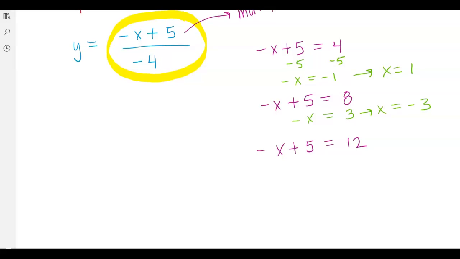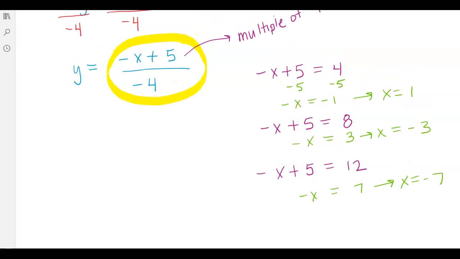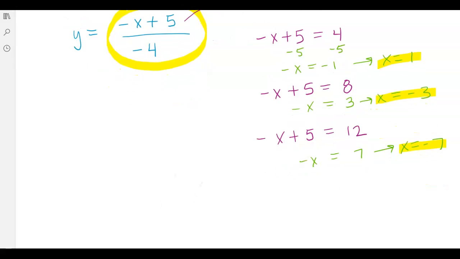And for this third example, we'll have -x is equal to 7. So x is equal to -7. So rather than just plugging in any points to the original, let's plug in these three. Let's plug in 1, let's plug in -3, and let's plug in -7 to figure out what the corresponding y value is. So y equals -x plus 5 over -4.